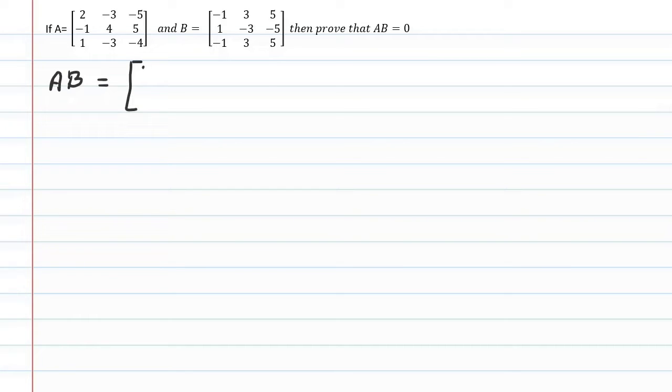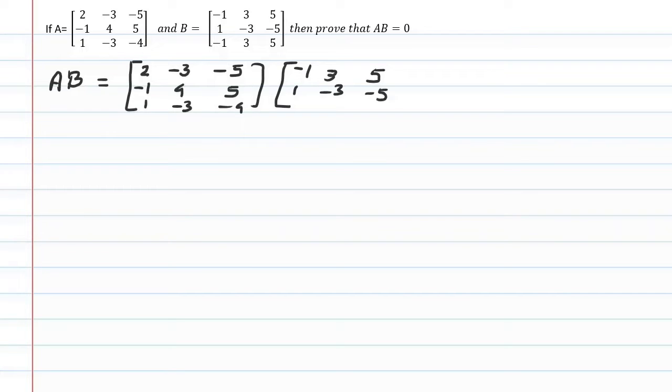The first matrix is [2, -3, -5; -1, 4, 5; 1, -3, -4], and I am going to multiply this with matrix B, which has elements [-1, 3, 5; 1, -3, -5; -1, 3, 5].